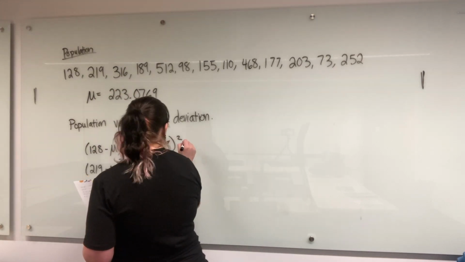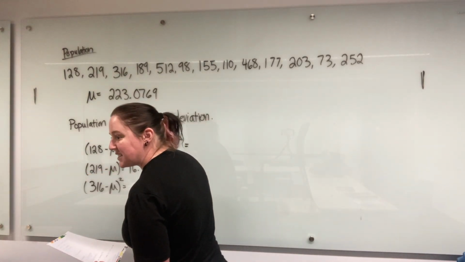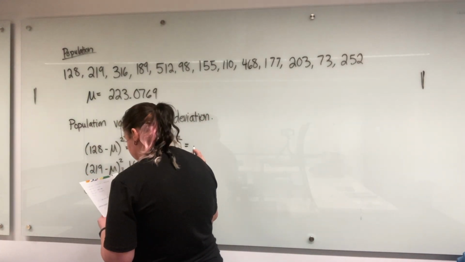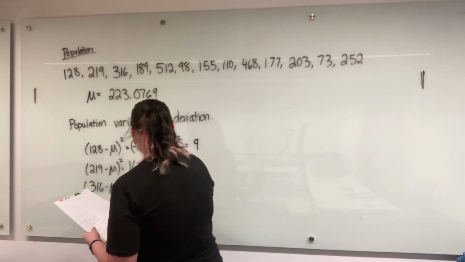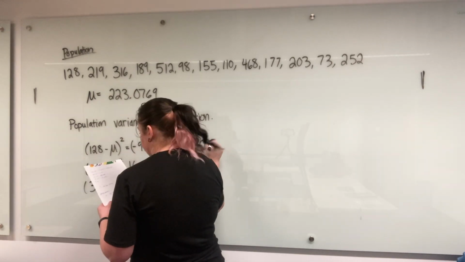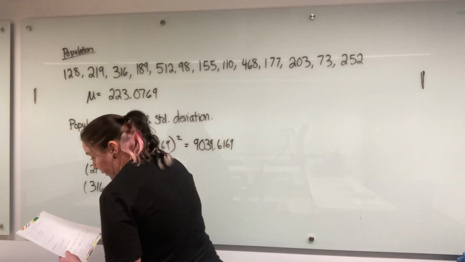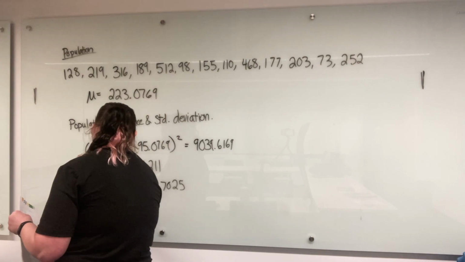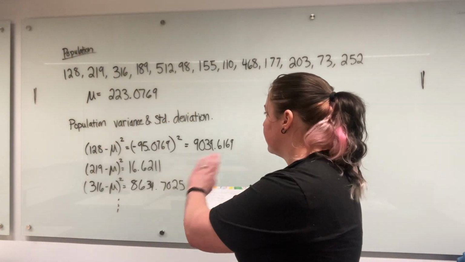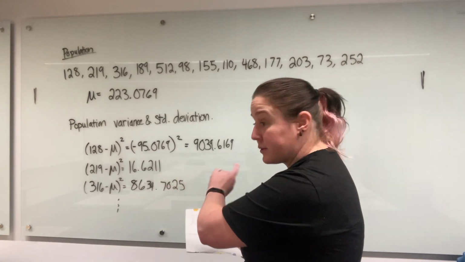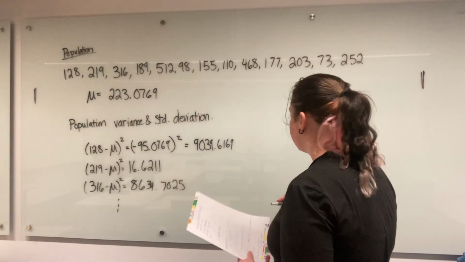I squared them because I was trying to skip a step, since we sum up the squares and not just the straight up deviations, but I didn't write the in-between steps for the other ones, so 9039.6169. I'll just have to give you the squared values because that's what I got. And so on. I only did the first few. So we calculate the deviations. I did the deviations squared here, so it's slightly different, but I was trying to save myself some effort.